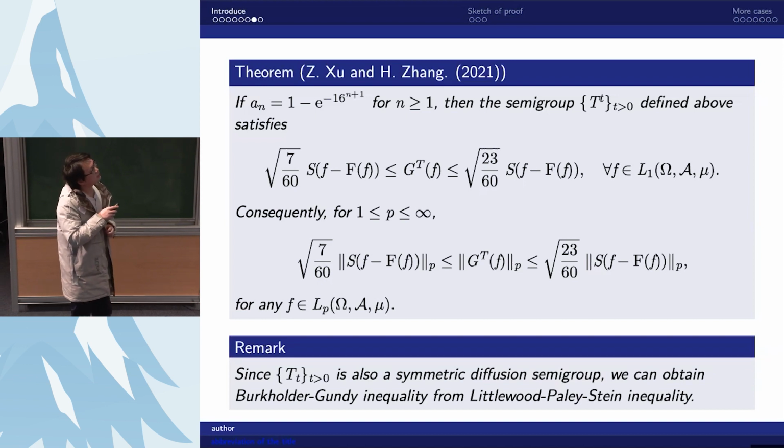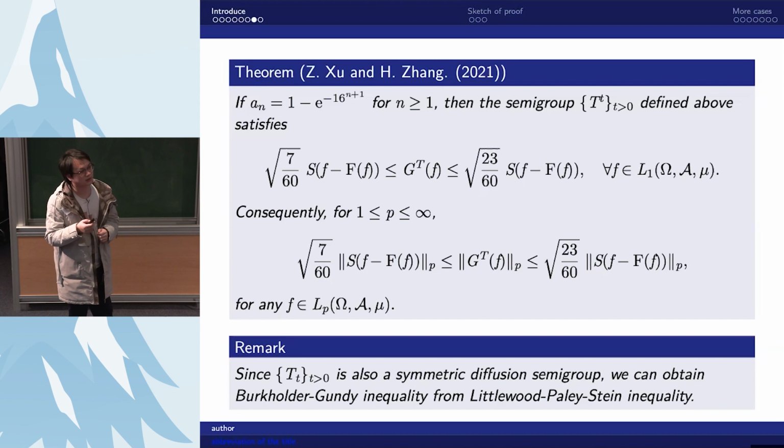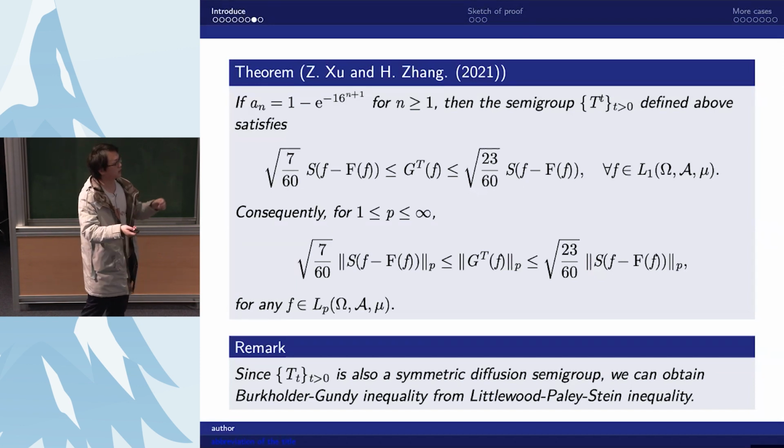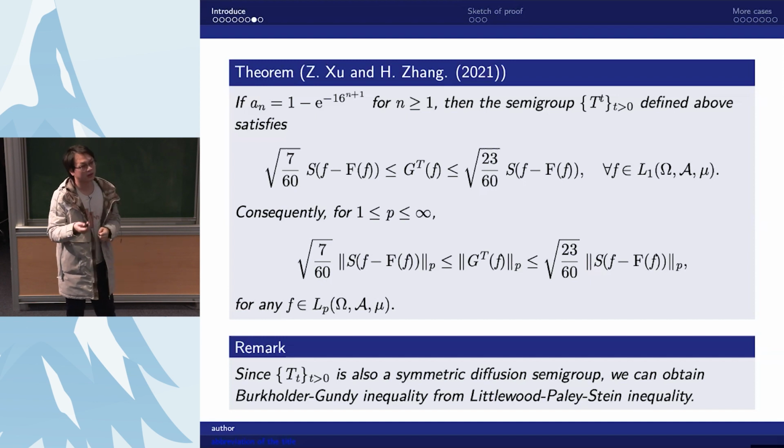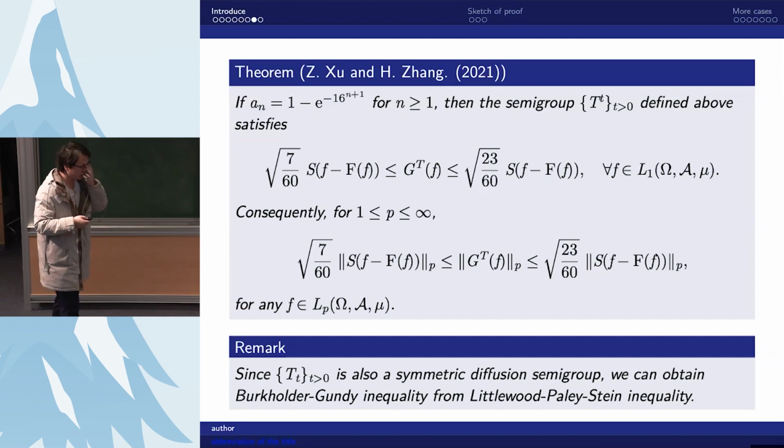Since T^t is also a symmetric diffusion semigroup, we can obtain Burkholder-Gundy's inequality from the Littlewood-Paley-Stein inequality. That means if we have the Littlewood-Paley-Stein inequality and T^t is a symmetric diffusion semigroup, we apply the Littlewood-Paley-Stein inequality to this semigroup. We get the Burkholder-Gundy martingale inequality.